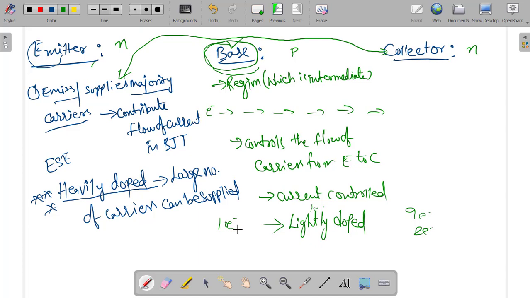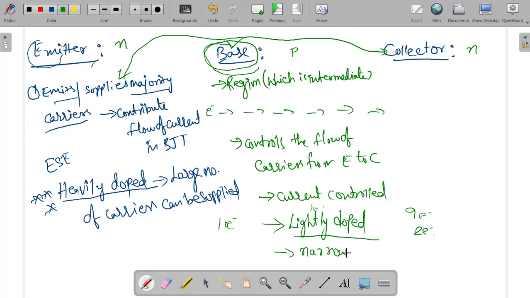The maximum amount of electrons emitted by the emitter should be transferred to the collector. In order to transfer the maximum amount, it should be lightly doped, not heavily or moderately doped. This base should always be lightly doped and of narrow width.